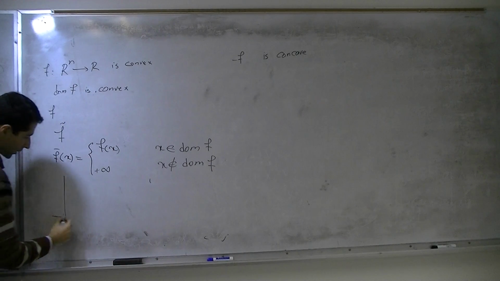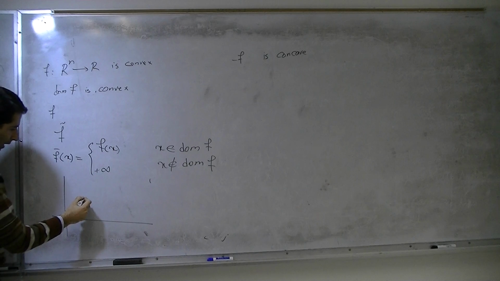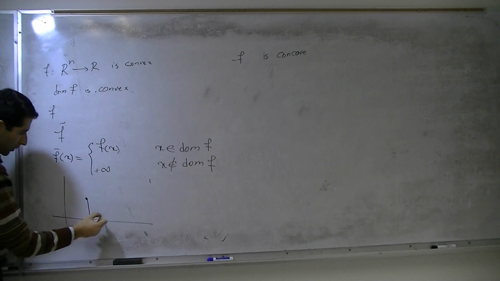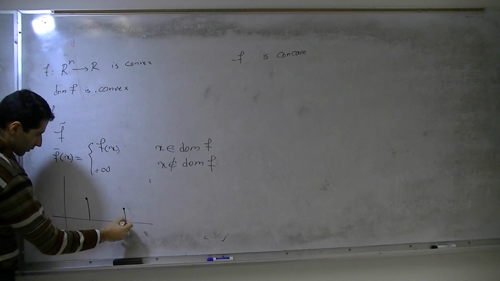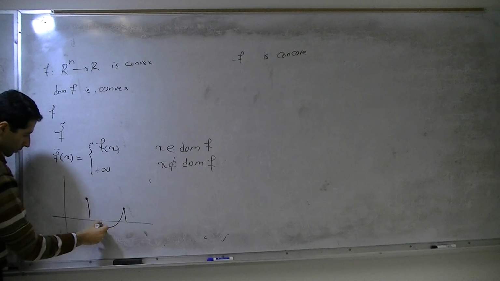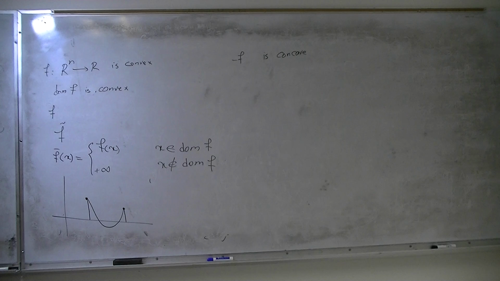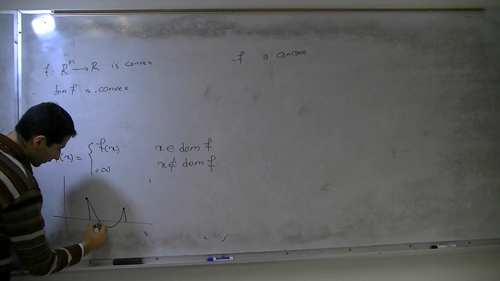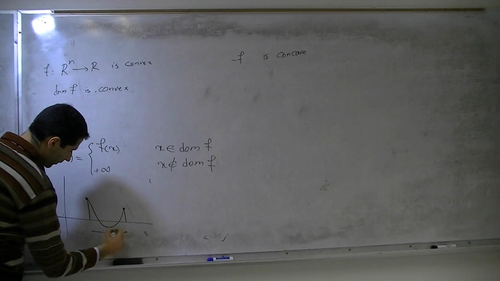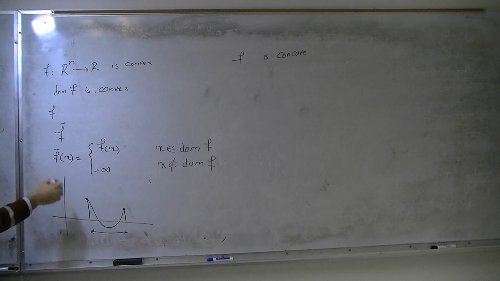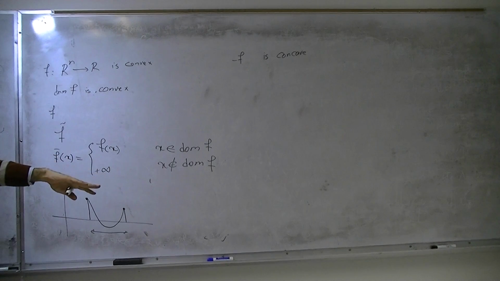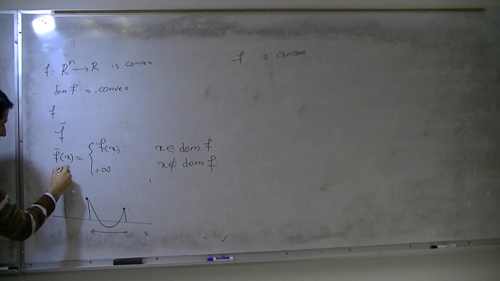If I want to draw a picture to show it, for example, if I have a function from here to here, it's something like this, and this is the domain of f. For the f tilde, the domain is all of R, but for this area we have plus infinity.